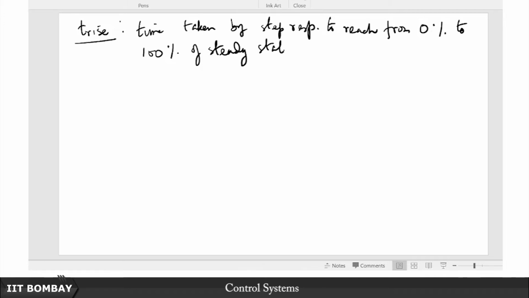There is also another alternate definition that people often use, particularly when the system is overdamped or critically damped, which, let me call it T rise 1. So this is the original T rise that we are going to derive, and this T rise 1 is a little more difficult to derive analytically.